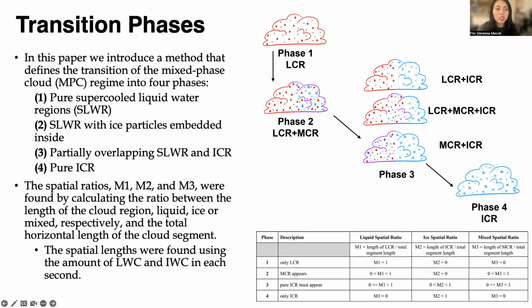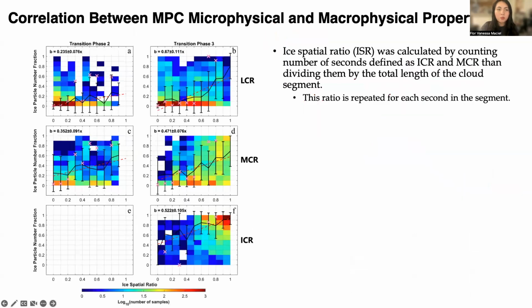In addition, the spatial ratios M1, M2, and M3 within the table on the lower right were found by calculating the ratio between the length of the cloud region, liquid, ice, or mixed, respectively, and the total horizontal length of the cloud segment. The spatial lengths were found using the amount of LWC and IWC in each second.